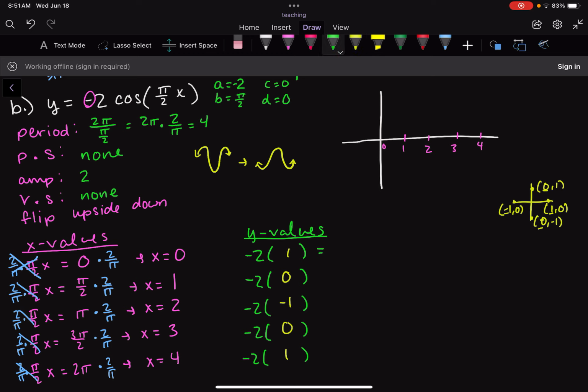And then I'm going to simplify this, so I get -2, 0, 2, 0, -2. So my highest value is 2, my lowest value is -2.